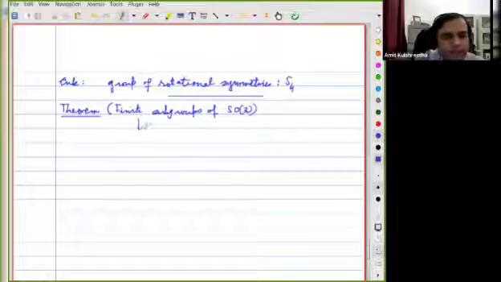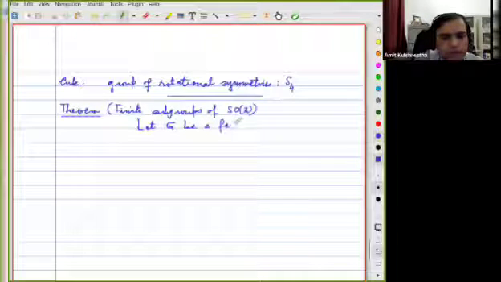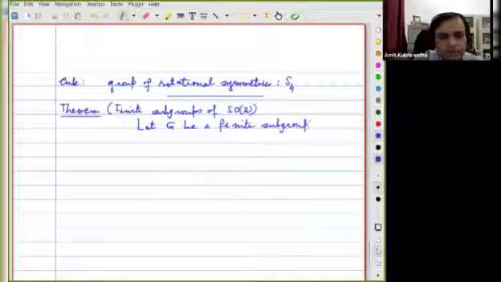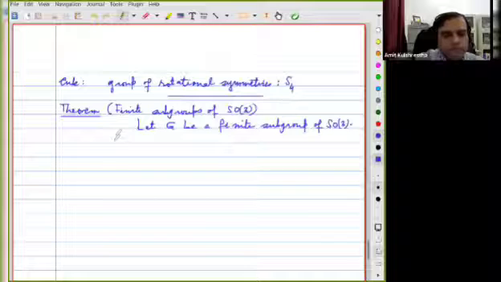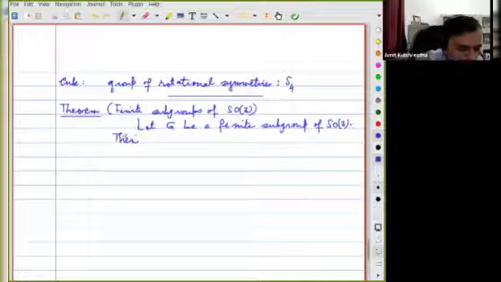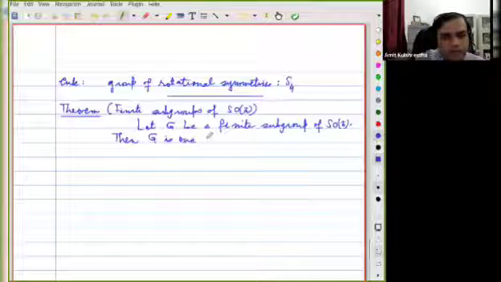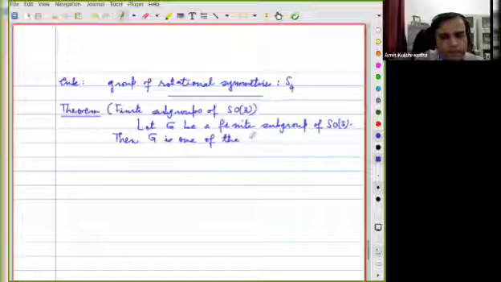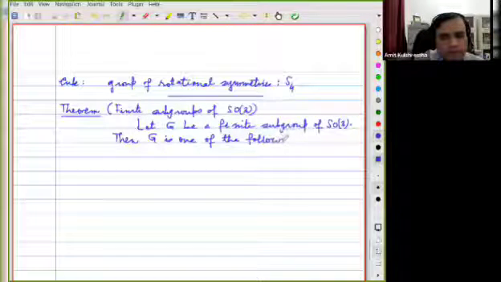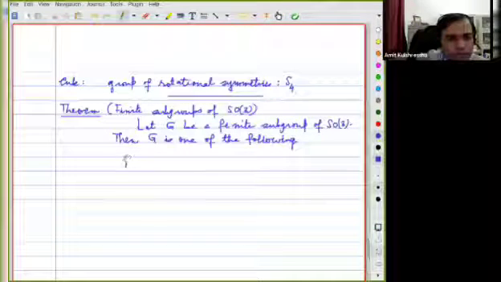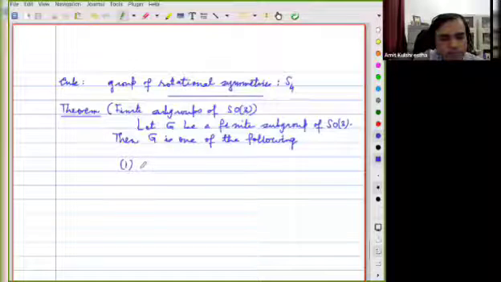So the statement is: let G be a finite subgroup of SO3, then G is one of the following. Number one, a finite cyclic group.